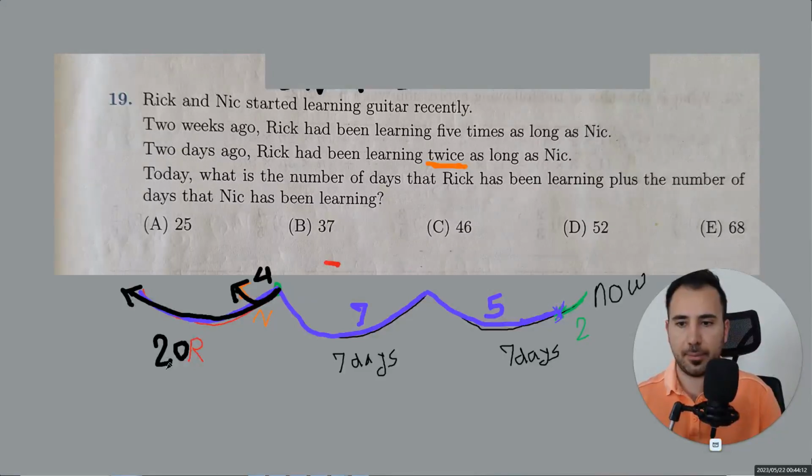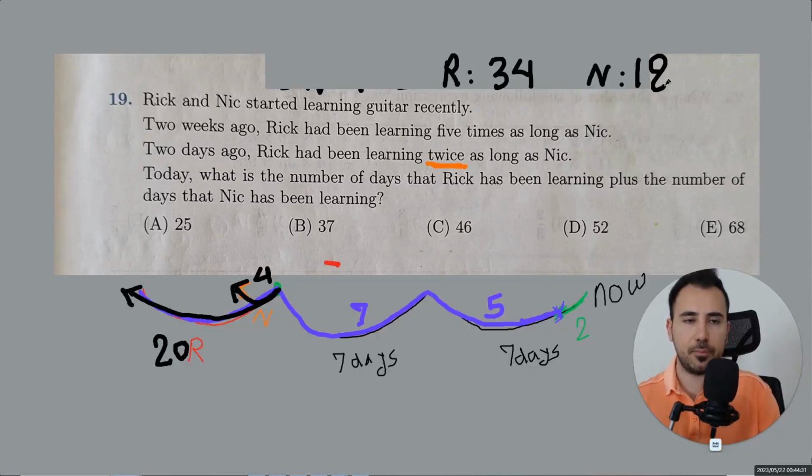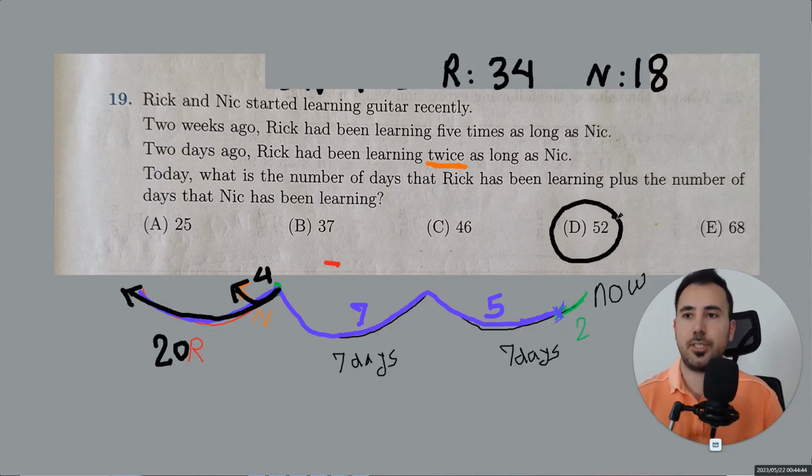So for Rick, 20 days plus 2 weeks, 34. For n, again, 2 weeks, 14 days, plus 4 is 18. So what is the sum of these two numbers? Okay, 52, I think, right? Yes, 52. So the answer is D.